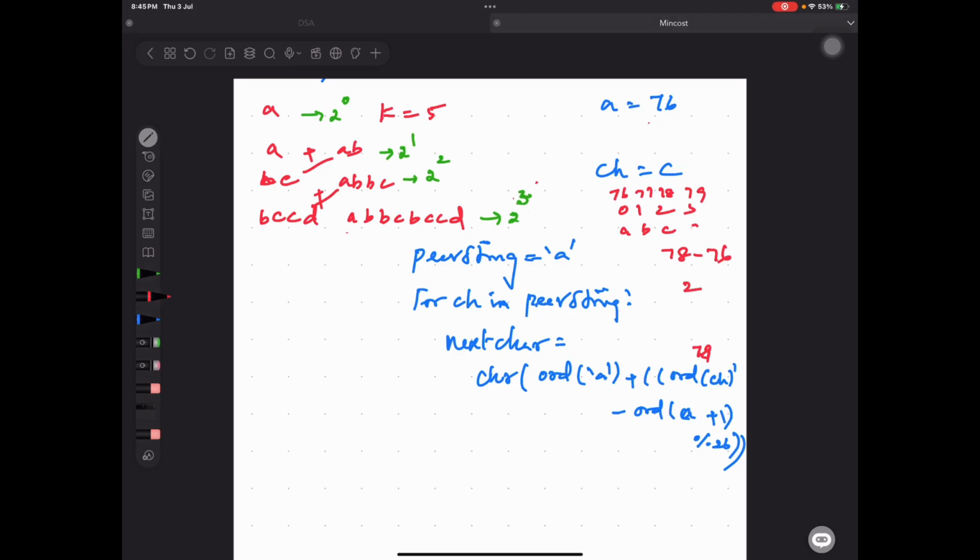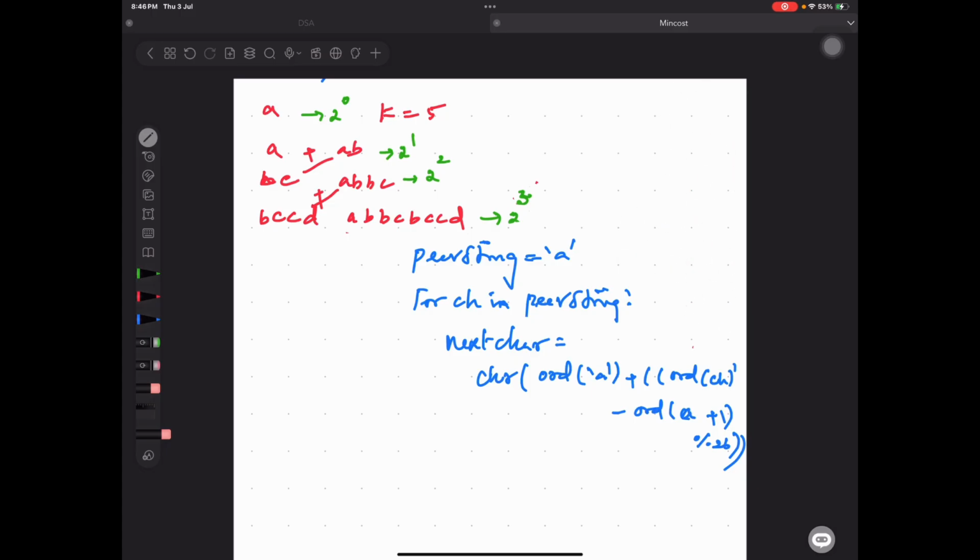To generate the next character we do plus 1, so modulo 26 will give you 3. But when it goes to Z, Z's index is 25 plus 1 equals 26, and mod of 26 gives us 0, so we get A. So that's why we are doing this. I hope this makes sense how this formula works.